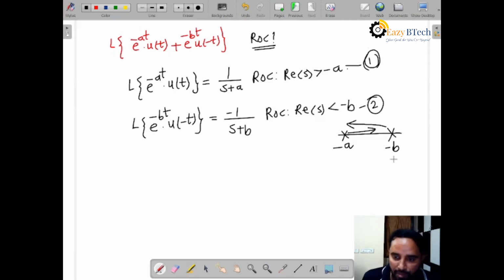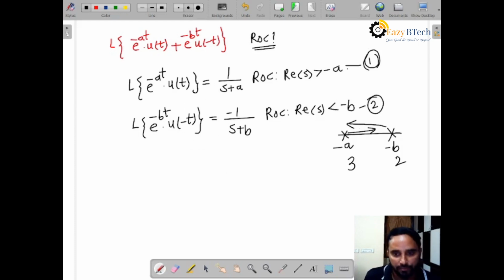So the b value must be like 2 and the a value must be like 3. Right or not? So the a value must be smaller than the b value. Then we have a common ROC, so that the Laplace transform converges.